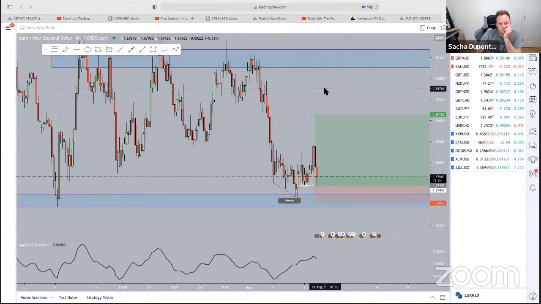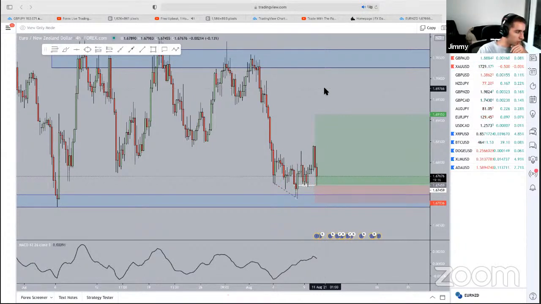You are in a downtrend, bearish structure. Now we shift from a bearish structure to a bullish structure at this point right there, when we broke the previous H4 structure.